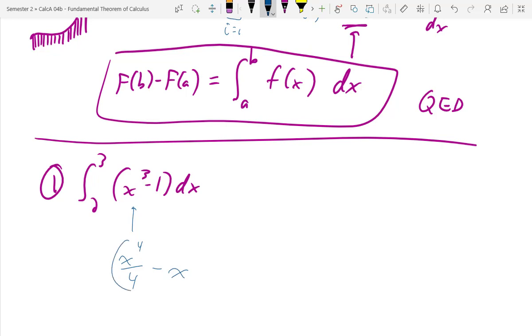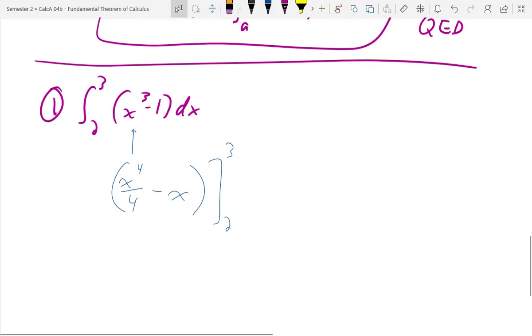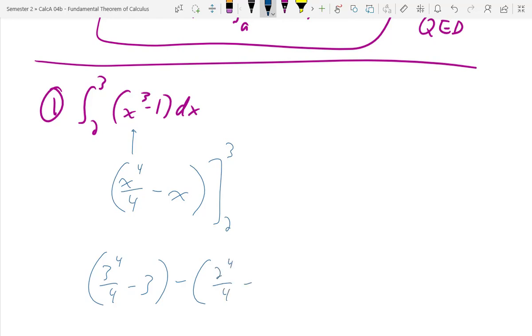So we're going to do parentheses here and evaluate this from 2 to 3. This is the notation that you're going to use when you evaluate. All that means is you're going to substitute 3 in, 3 to the 4th over 4 minus 3, and then subtract what you get when you substitute 2 in, 2 to the 4th over 4 minus 2.